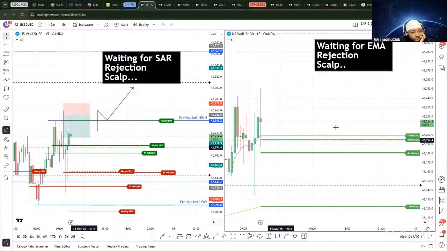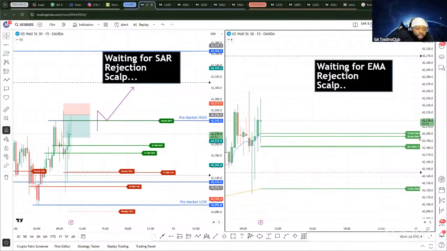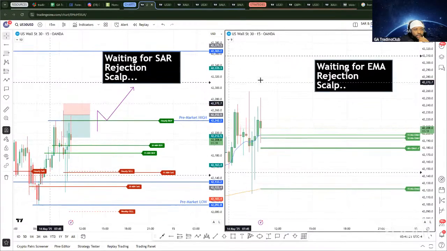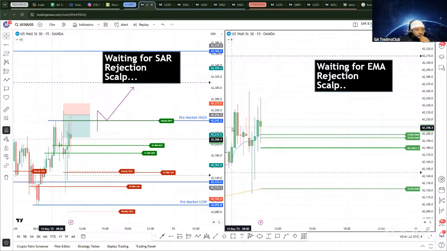So as much as we have these long wicks from the bottom, if we do close below the 15-minute EMA, it should be another opportunity to take a sell entry there. So let's just wait for those 3 minutes or so.